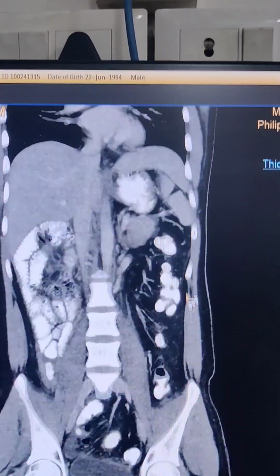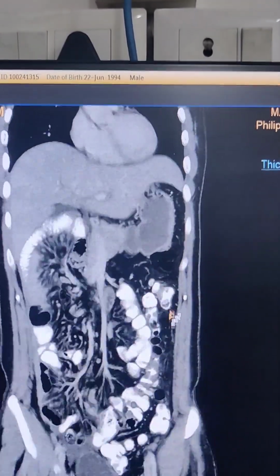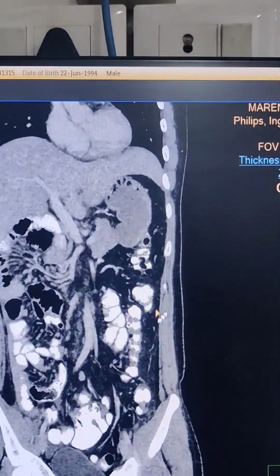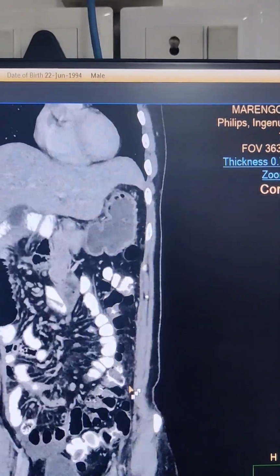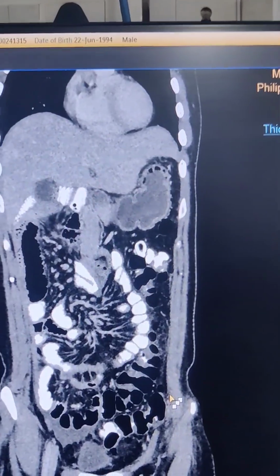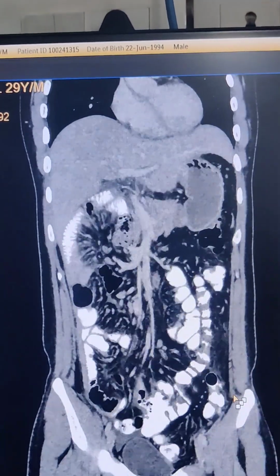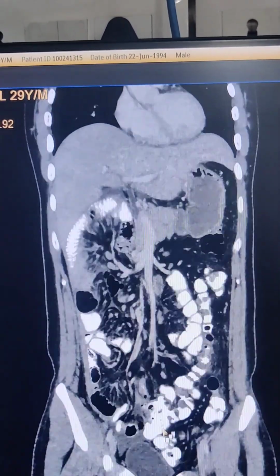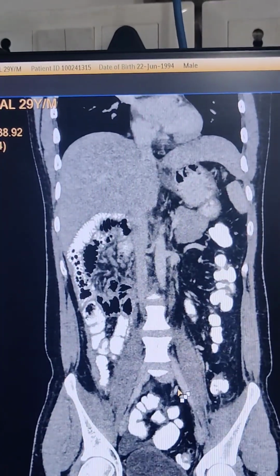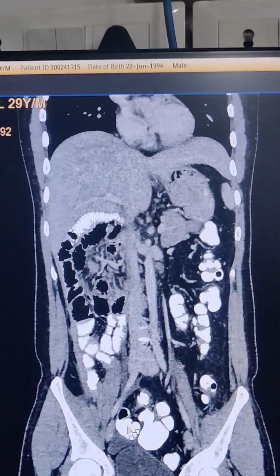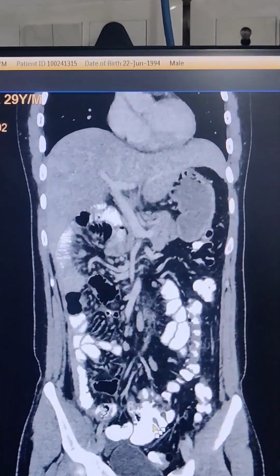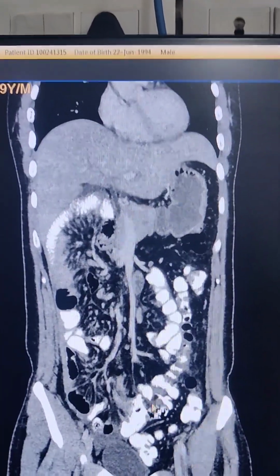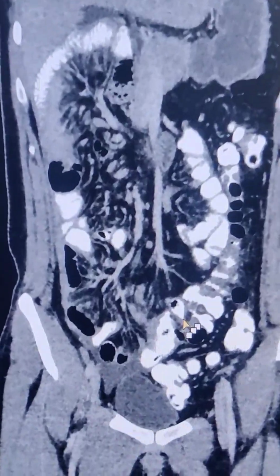And here we can see the large bowel loops. All of the large bowel loops are lying here. This is the cecum, this is the distal ileum, and here we have the IC junction.